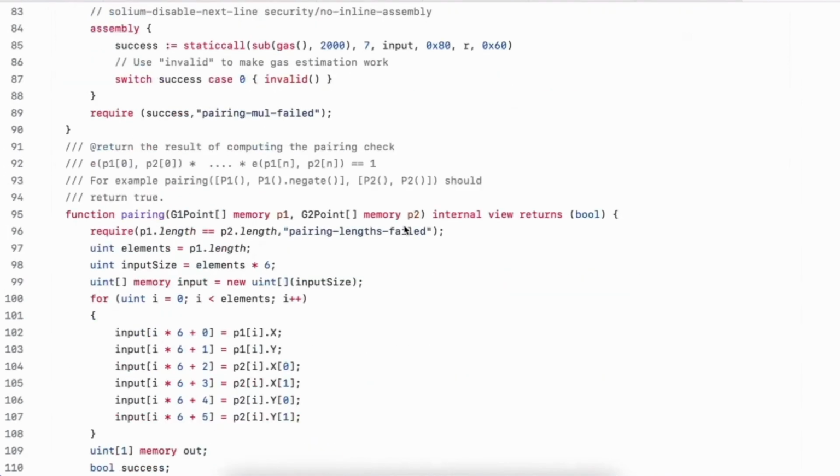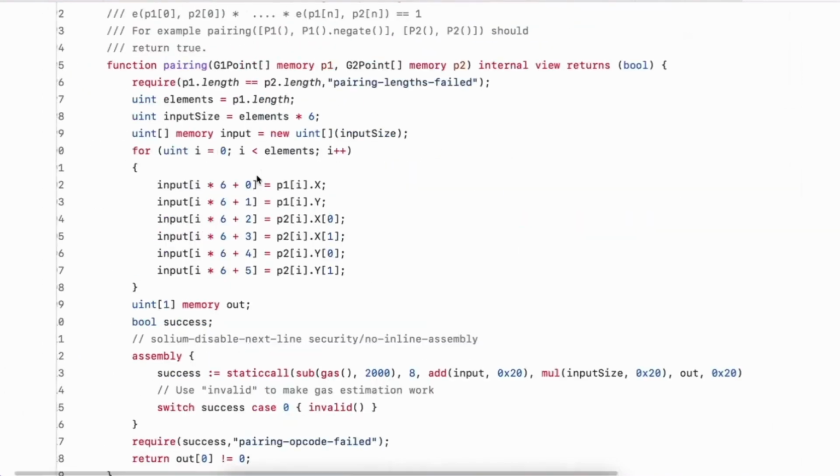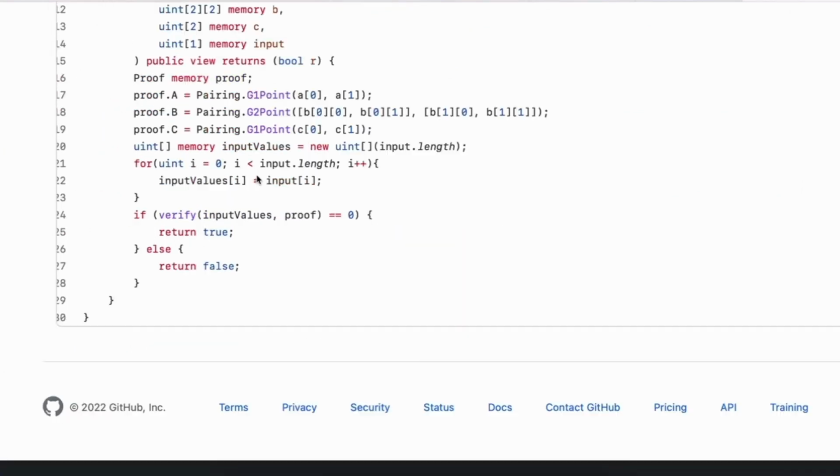So this pairing check is checking. I think it's checking that the keys match, right? Yeah, but what? Okay, let's see if this has any other comments. No.